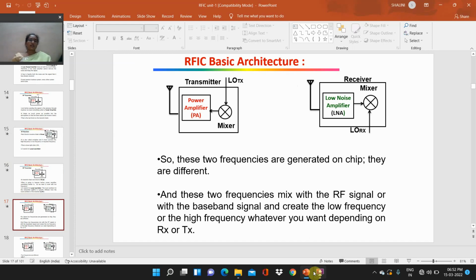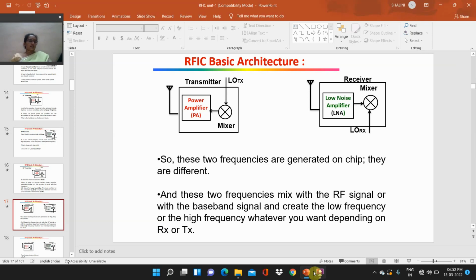These two frequencies are generated on the same chip, but they are different. Even though the two frequencies are generated on the same chip, they are different.